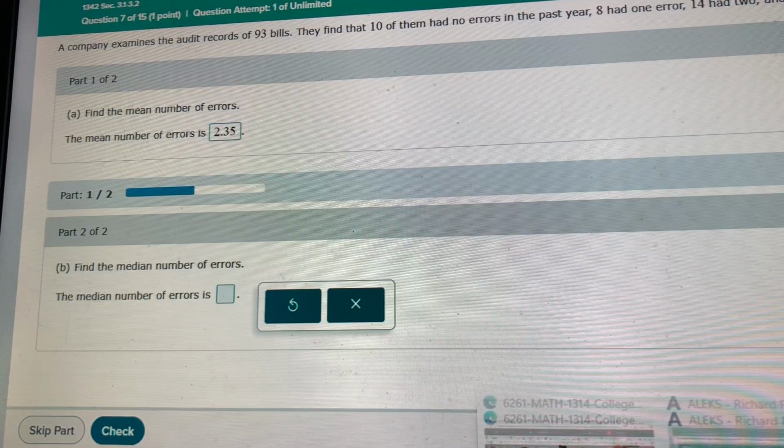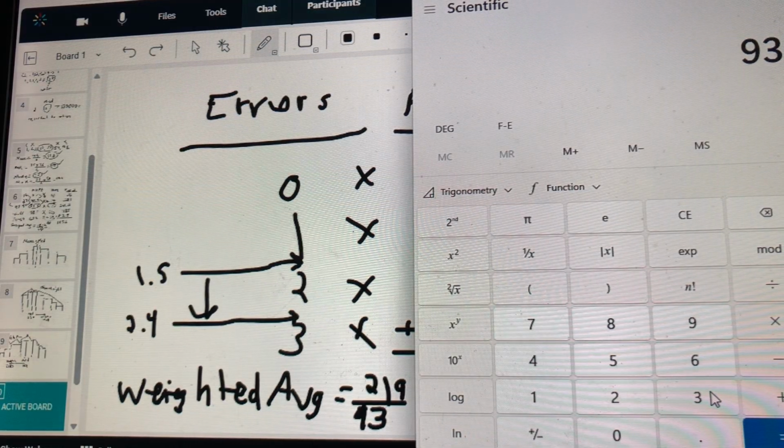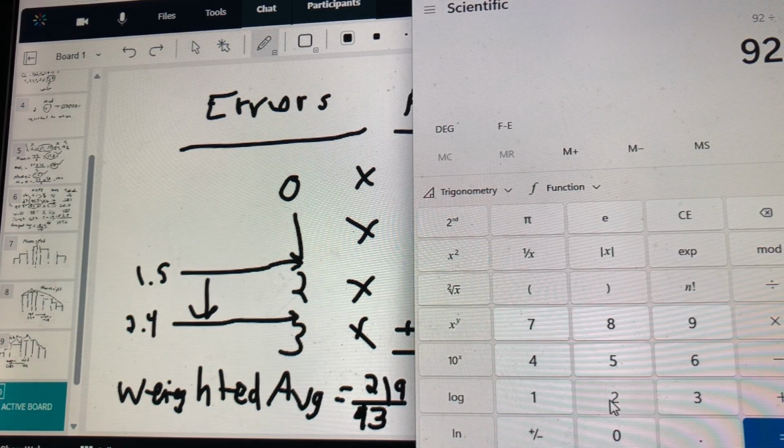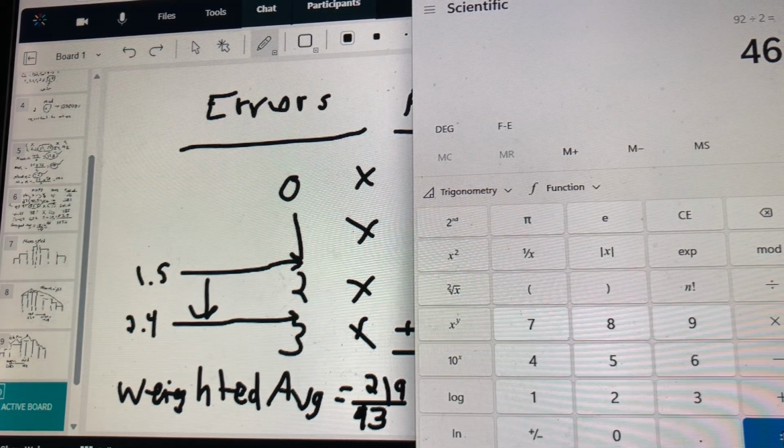And then the median is the middle of the data. So if you take 93, which is an odd number, if you subtract 1 because I want to leave 1 in the middle, there's 92 other numbers besides the one in the middle. So if you divide by 2, 46, there'll be 46 small numbers, then the one in the middle, and then 46 big ones.